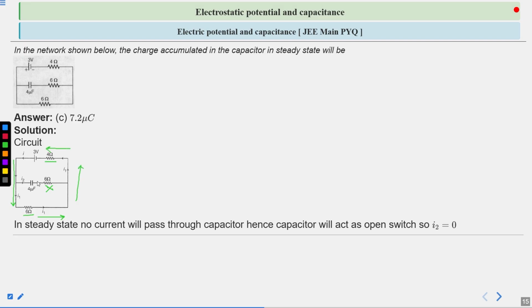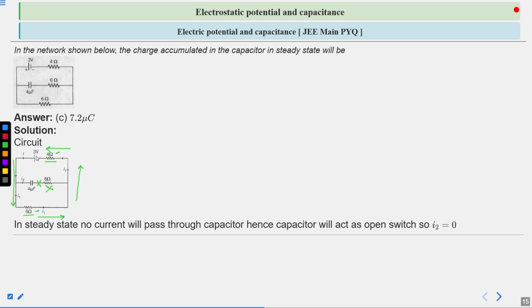This path is blocked by the capacitor. So the 4 ohm resistor and 6 ohm resistor will be in series. For equivalent resistance in series, we find the simple algebraic sum: 4 plus 6, 10 ohm.